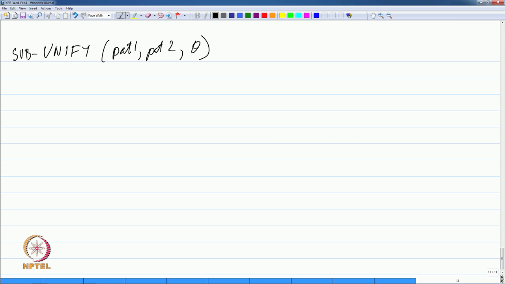Now, we are left with the case where we have to deal with variables. So, case pat 1, and likewise for pat 2, essentially if either of them is a variable.